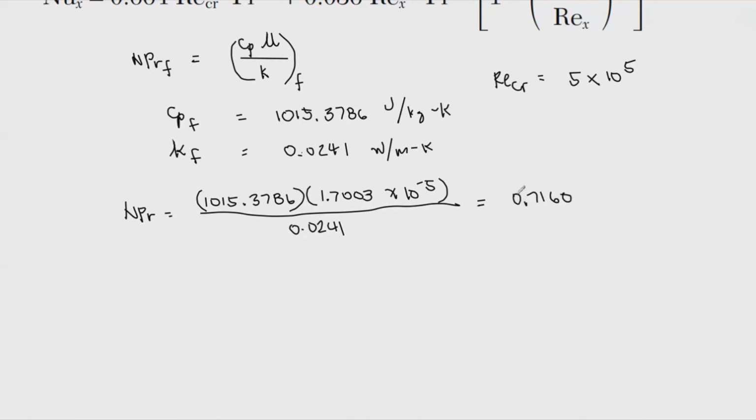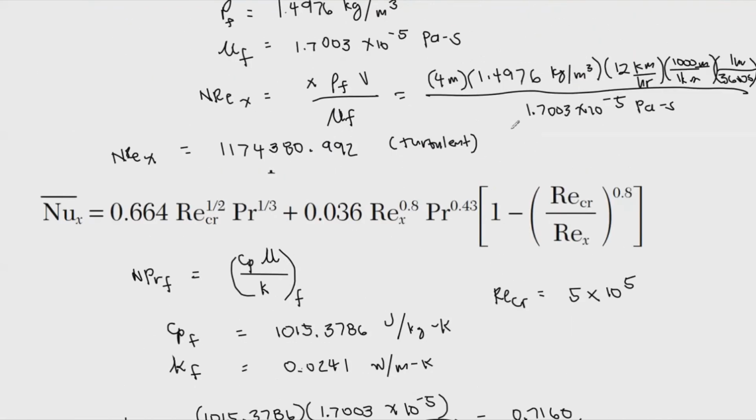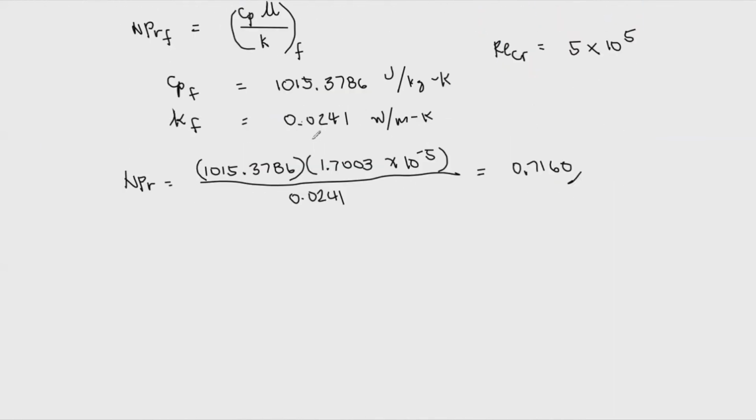Remember the condition in which the Prandtl number should be greater than 0.7, so we still satisfy the condition, and our Reynolds number is still less than 3 times 10 to the 7, so we still can use this kind of equation.